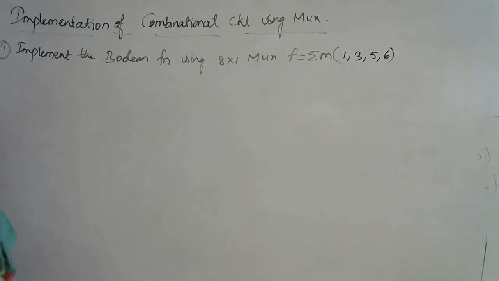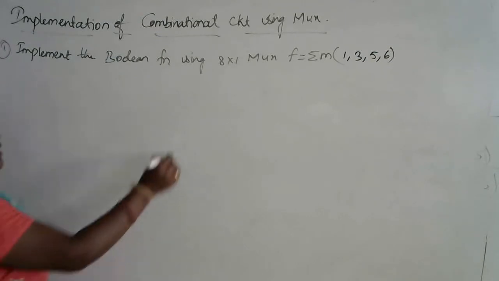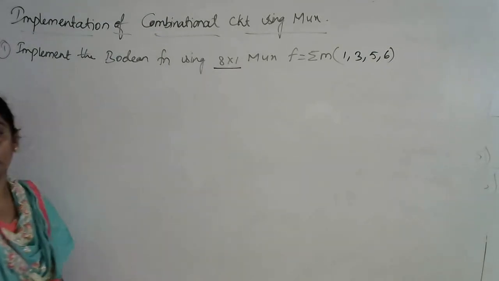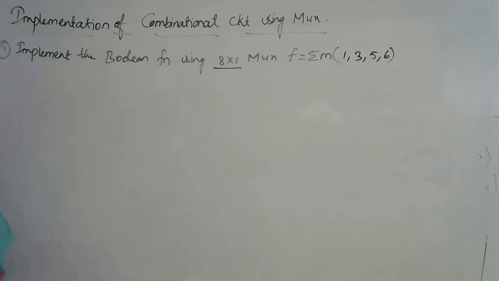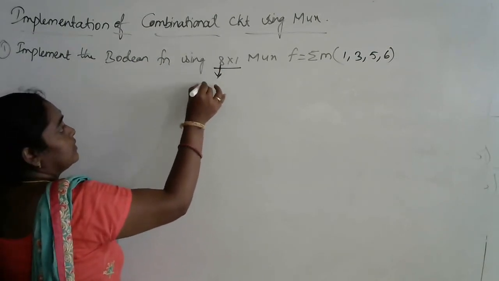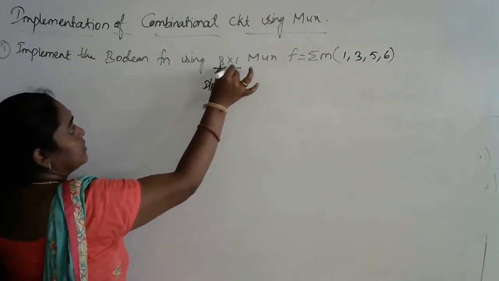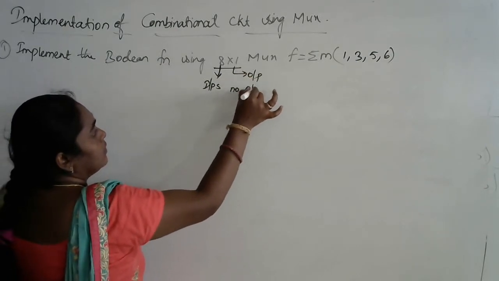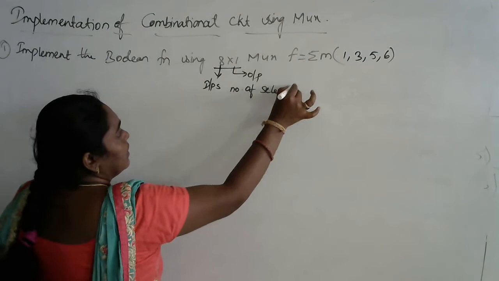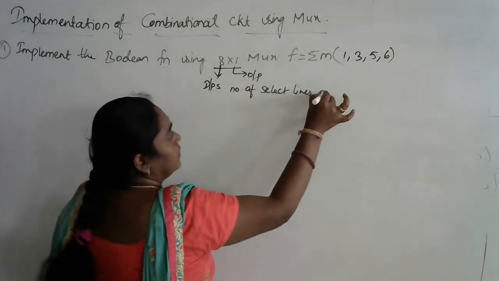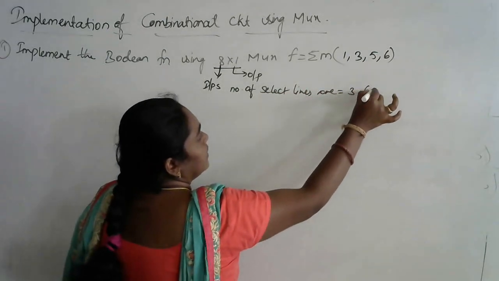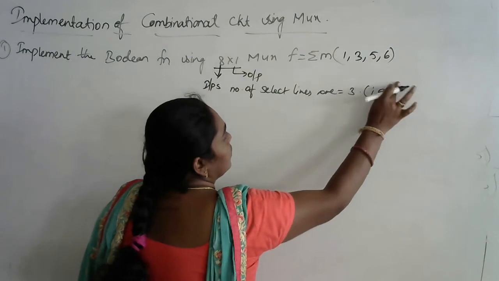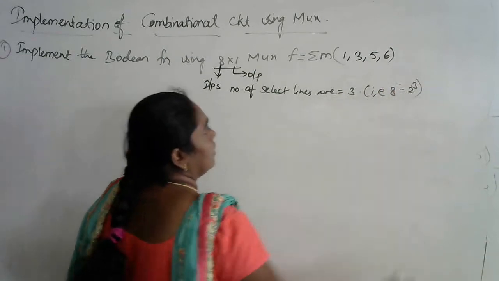So you need to implement this Boolean function by using an 8 by 1 multiplexer. An 8 by 1 multiplexer consists of 8 inputs, 1 output, and the number of select lines is 3. That is, 8 is equivalent to 2 power 3.